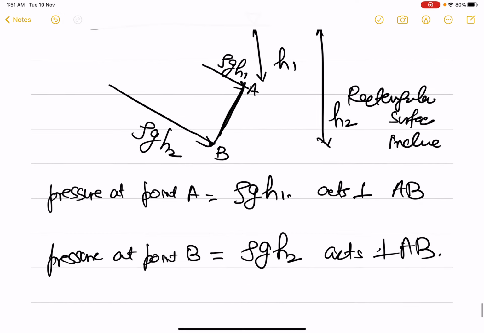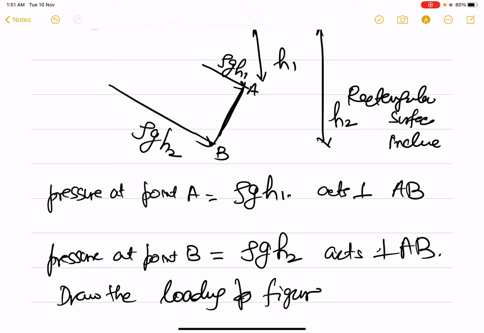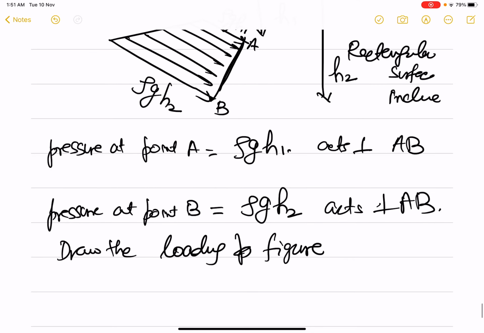And if I now draw the loading figure, the loading due to pressure force has the shape of a trapezium.